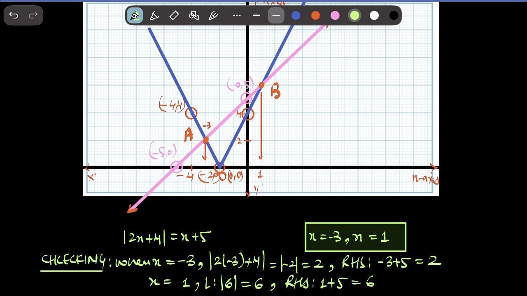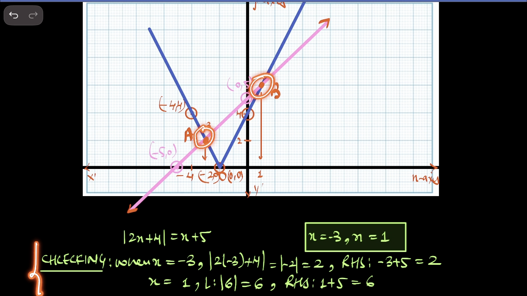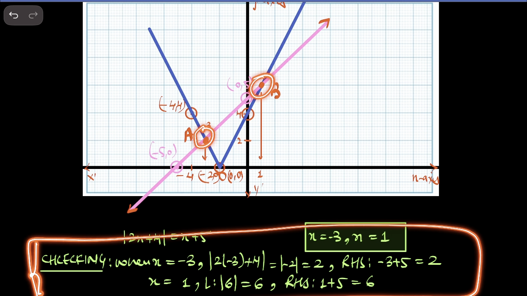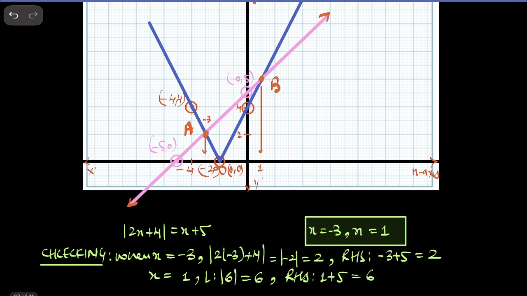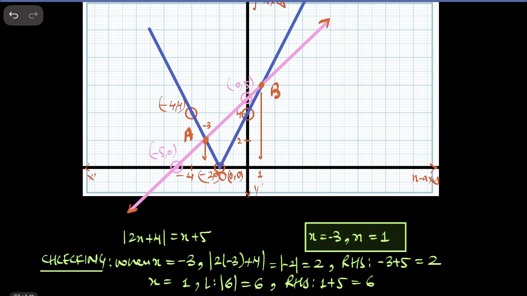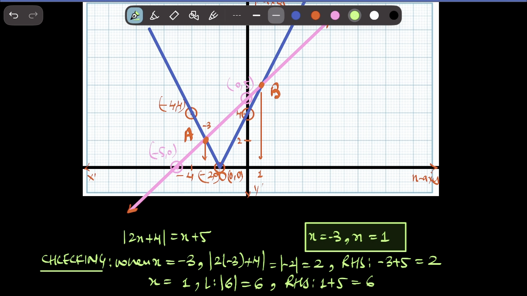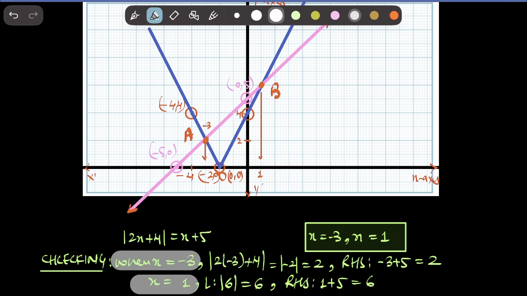So on graph, it was very clear, and we have algebraically checked both of them. This checking part is done to make sure that you are able to understand how we need to plot and how we need to show the solutions of the modulus functions, right? So yes, both of them are representing the solutions for the given equation. This is your answer, as well as this one is also your answer.